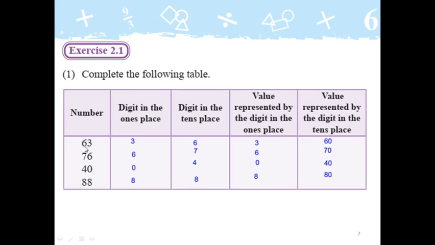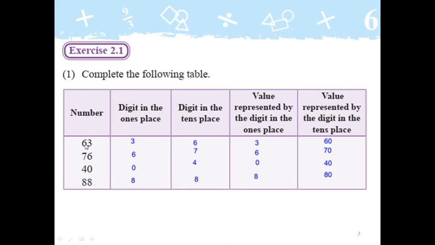63 is the number. What is the digit in the ones place? This is 3. Digit in the tens place, that is 6. Value represented by the digit in the ones place, that is 3 into 1, 3.